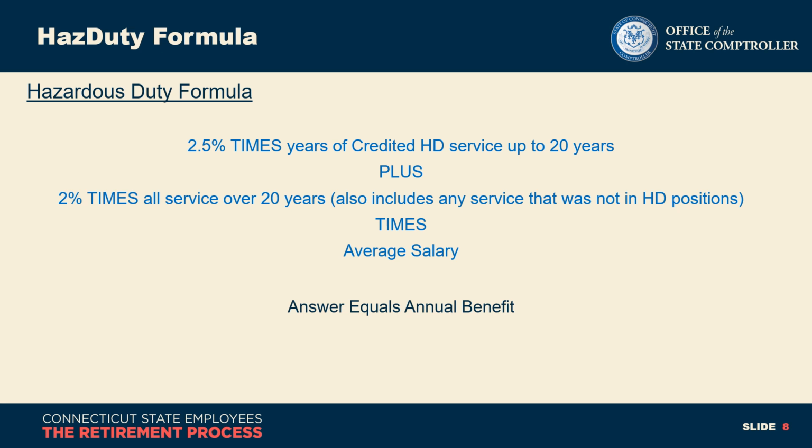For 20 years, this would equal 50%. 25 years is the requirement for most Tier 3 and all Tier 4 members. Plus 2% times all credited service. This would be any additional hazardous service that is obtained beyond 20 years and/or any purchase time or additional credited service for work that may not have been in hazardous duty positions.